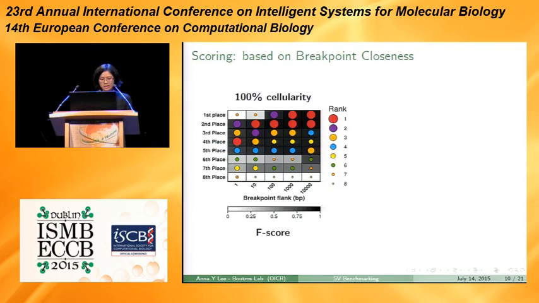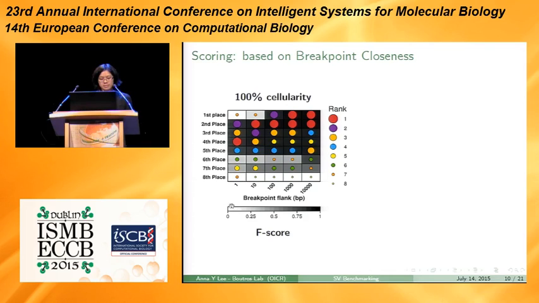So here I'm summarizing the results where the color of the background indicates the F-score, so a measure of the overall performance, and along the rows we have the different teams that participated in the first challenge with the tumor with 100% cellularity.